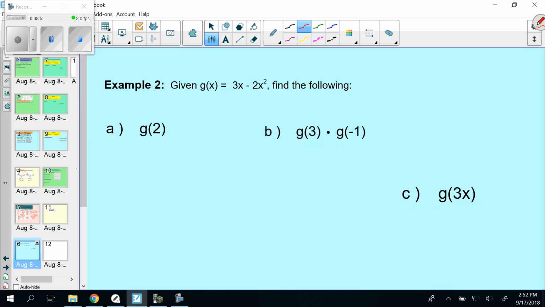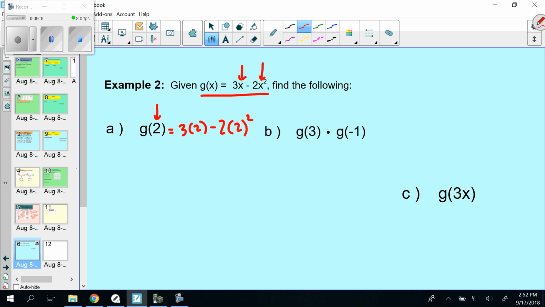Okay, looking at some problems with function notation then. If you're given a function, in this case g, and they ask you to find what the values are, simple. Just do what we did before. Input this value of x in for all the x's and see what you get. So here, any x in this one, this right here and this right here, become 2's.